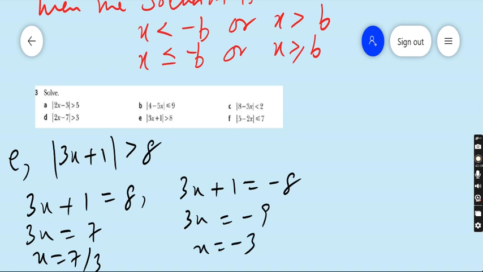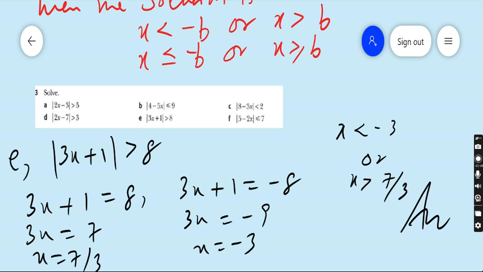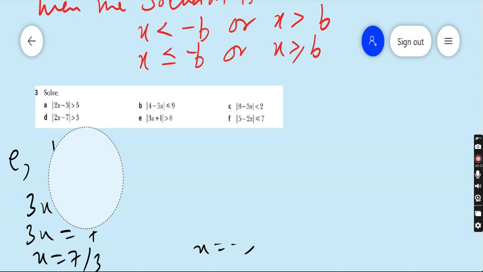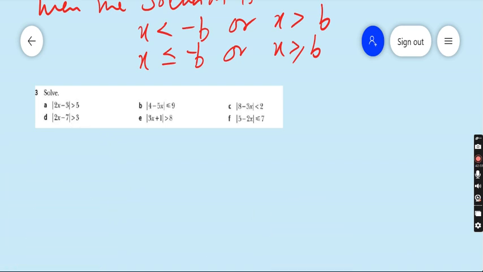Because the greater than sign is given, our answer must be x is less than -3 or x is greater than 7 upon 3. This is our final answer of part E. Move to part F.